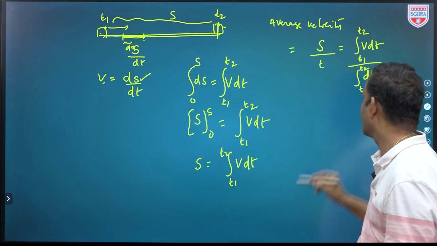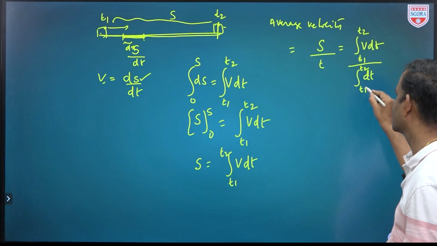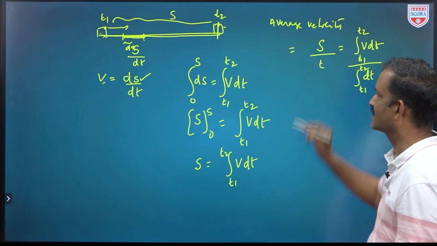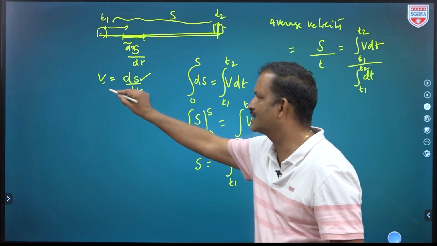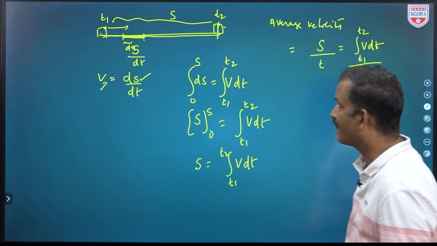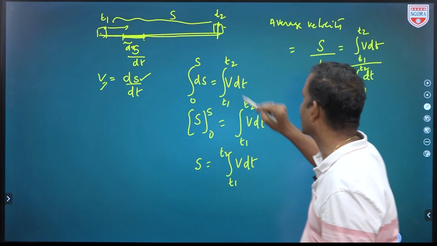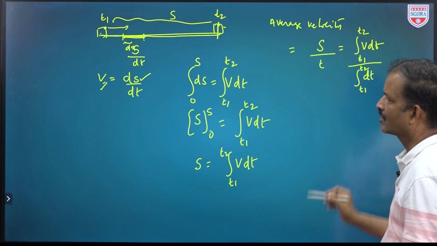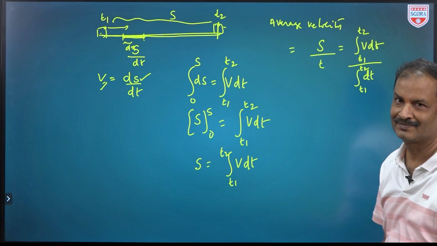The integral of dt is t, with limits t1 to t2. Then you will get the average velocity. This is instantaneous velocity. At any time we can find out the velocity. Average from this time to this time, if you want to find out the average velocity, you have to find out total displacement by total time.